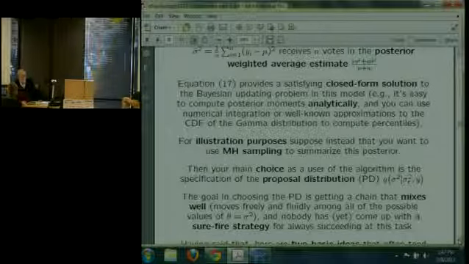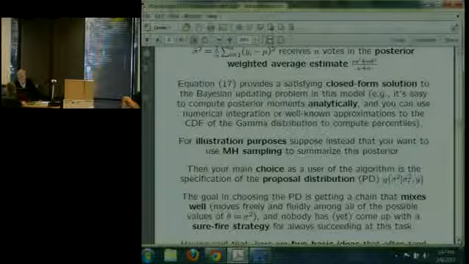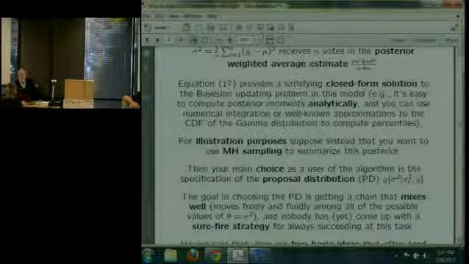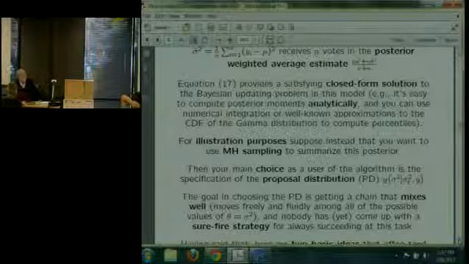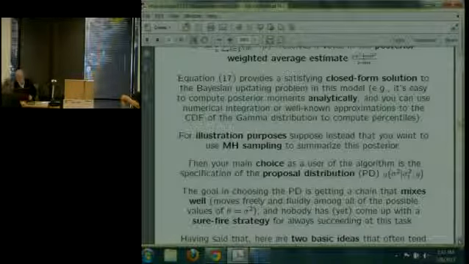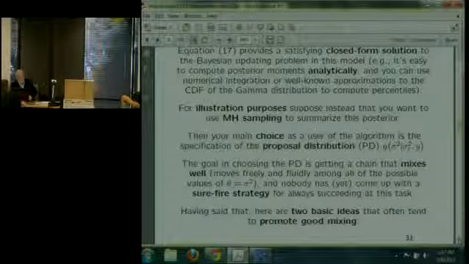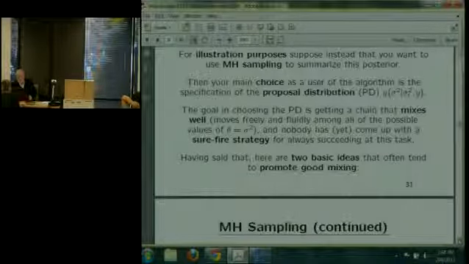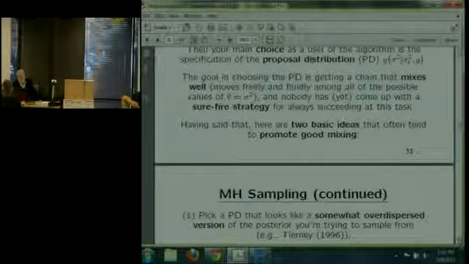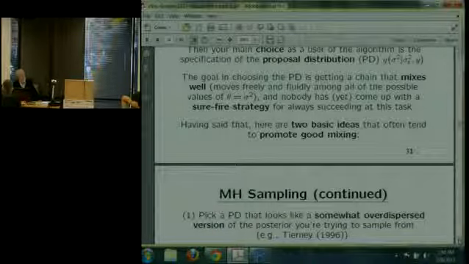And I'm afraid the truth is that no one has come up with a surefire strategy for always succeeding at this task. There's still a little bit of art along with the science in constructing proposal distributions. But there are a couple of basic ideas that often tend to promote good mixing, and here they are. The first idea is to try to pick a proposal distribution that looks like a somewhat over-dispersed version of the posterior you're trying to sample from.